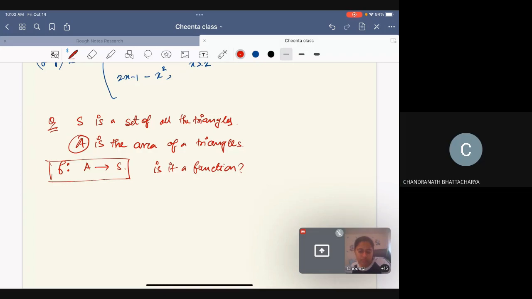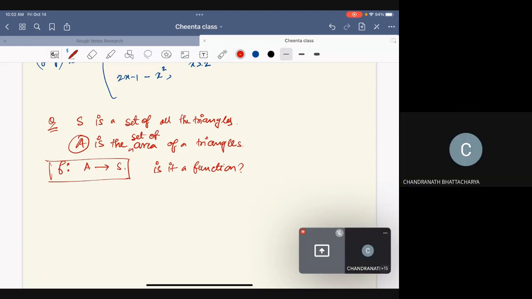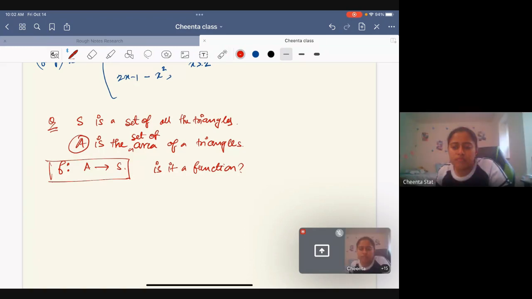Then ma'am, we have to know how you define the function, otherwise we can't say. Yeah, no is all right, but why no? Give an example.